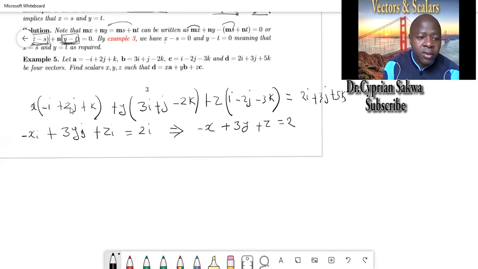Doing the same for the j, I would have 2x plus y negative 2z equals 3. Then lastly, I do the same for the k.